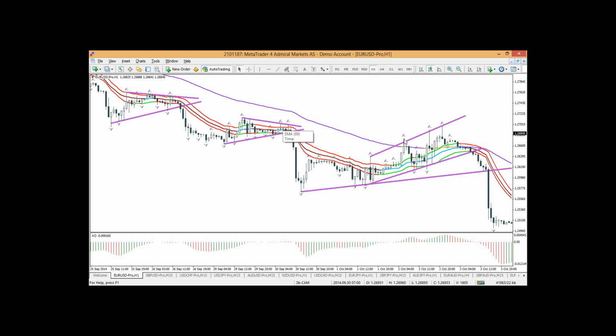Here too we have wicks. Now the problem with a flag is that the price rises in a channel, so even if a trader takes this shooting star or this one, the first two, in fact, we do get a higher high. That's one of the disadvantages of a flag, and one of the advantages of waiting for the break of the flag and not taking the top of the flag.